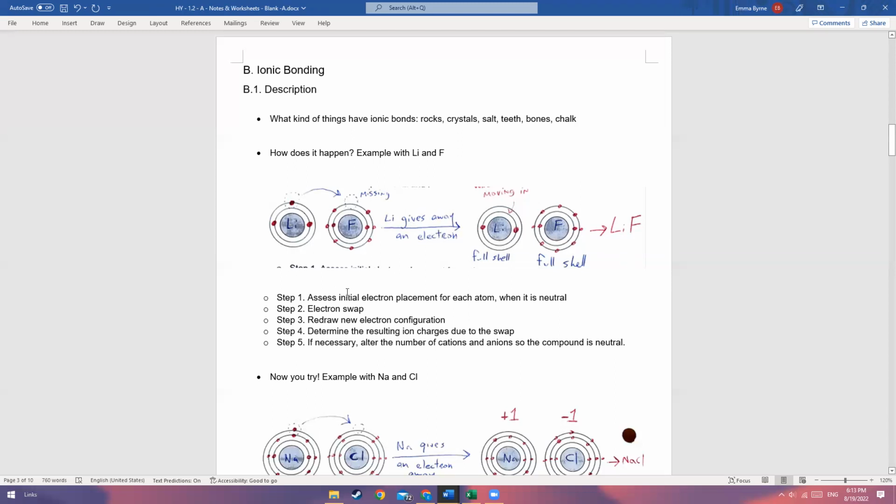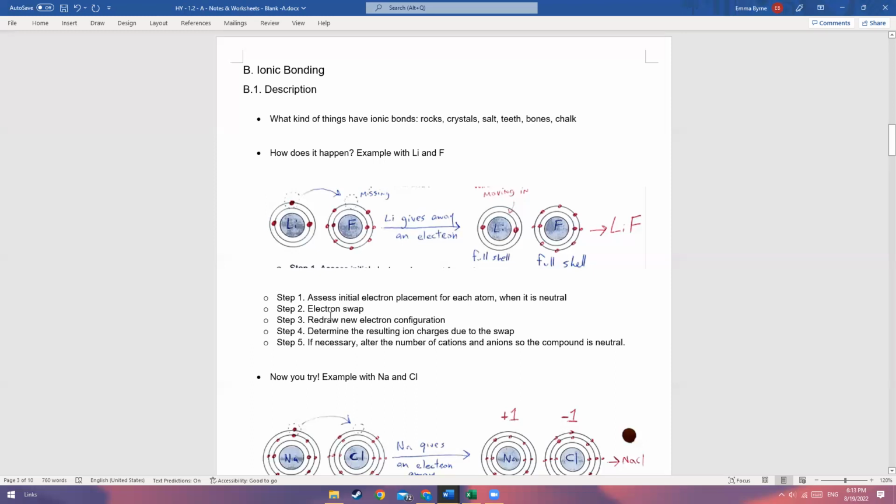So we're talking about this pretty casually right now, but there's a formal set of steps that can be followed. Step 1, assess the initial electron placement for each atom when it is neutral. So do what we did: consider the atomic number of the atom, determine how many electrons cancel that out, and start getting more comfortable with drawing these valence shell diagrams. So we did that for lithium and fluorine.